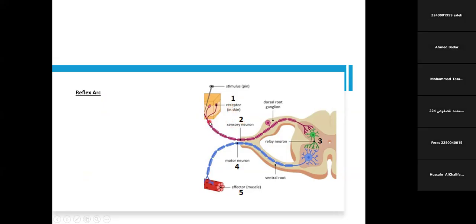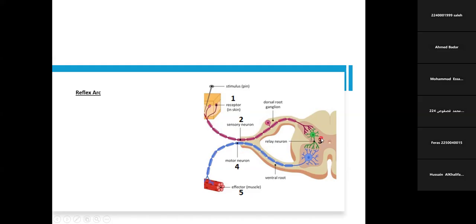Number two is the sensory neuron, which takes the message from the receptor to the spinal cord. This is number three. And then we have got the motor neuron or the efferent neuron, which is going towards the effector. What is the effector? The effector is the skeletal muscle in our case, because we are discussing the motor system. So my dears, this is called a reflex arc.